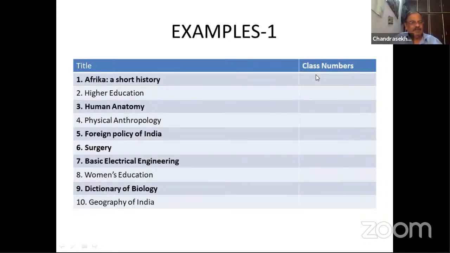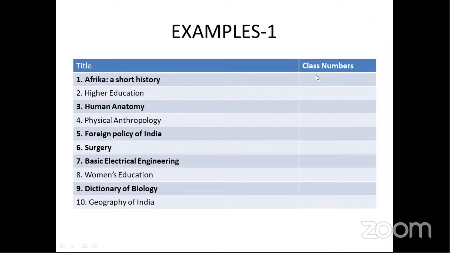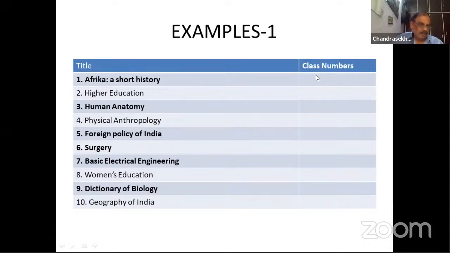It's not given in the summary, so you have to see the schedules here.